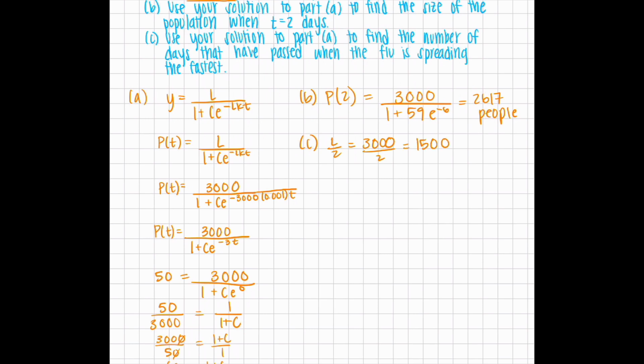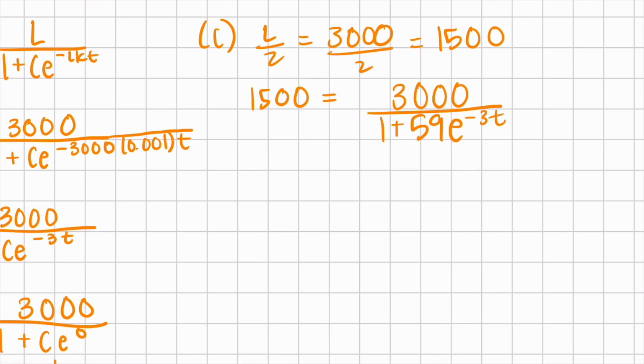So I'm going to set up my equation when the population is 1,500, and I want to solve for t. I'm going to multiply by this denominator on both sides and divide by 1,500.